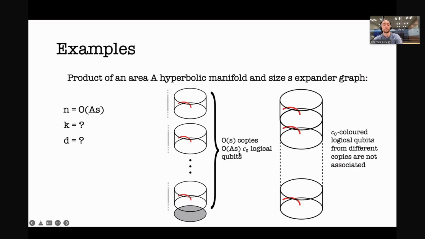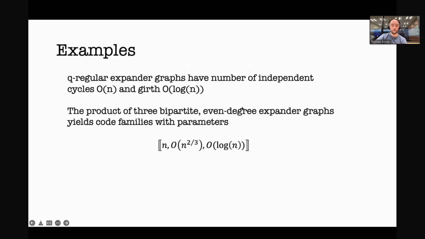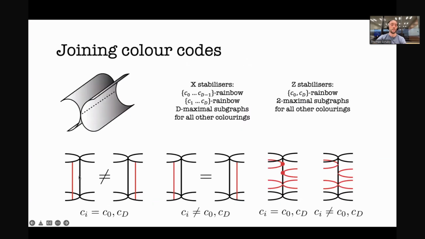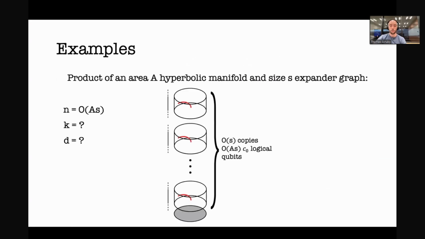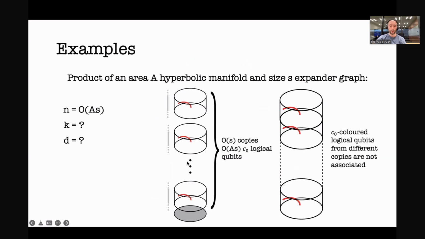And we know that we won't, because we're always gluing along this parallel direction to the direction that these C0 colored logicals from the hyperbolic manifold live. And we know from all the way back here that the C0 colored logicals that are parallel to the direction of the gluing are not associated across the gluing, right? So that means all of the C0 logicals that we had here going in this hyperbolic direction are still all independent logicals over here.